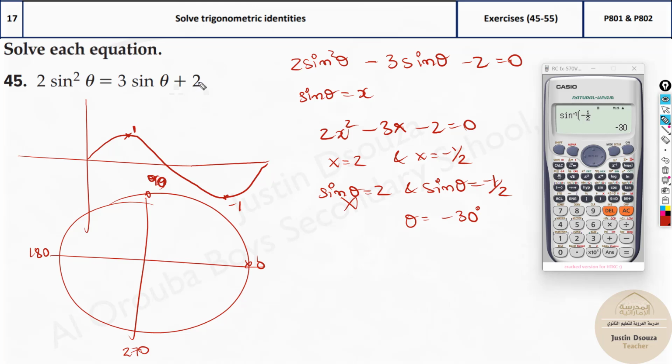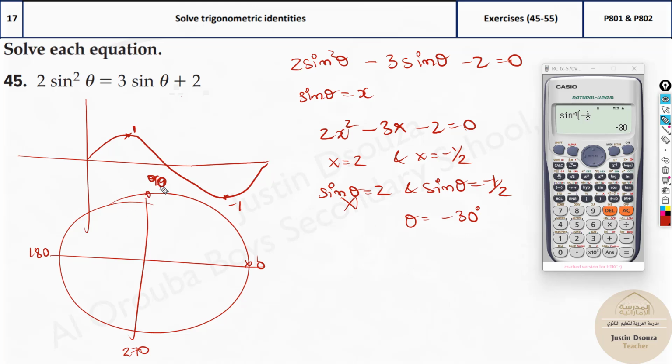I'm doing everything in degrees because I find it easier to analyze things in degrees rather than pi. If you change it to radian, you should get negative pi by 6 instead of negative 30. But since it's writing, it doesn't matter. Do everything in degrees, and if they ask you to convert to radian, just convert it at the end. I will tell you how to do such problems in a while.